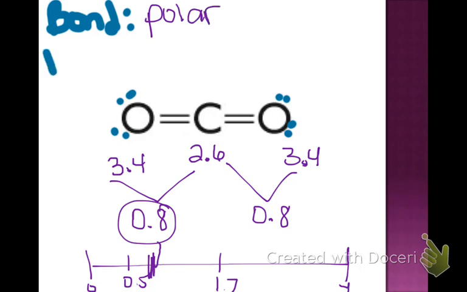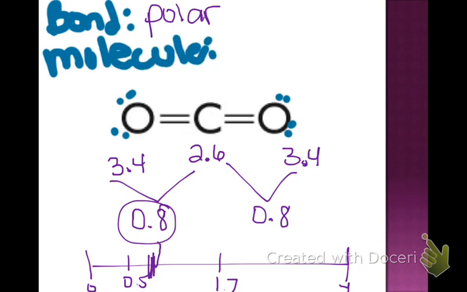All right, now let's look at the molecule. If we want to figure out if the molecule is polar or nonpolar, we have to look at the distribution of charge. Now we do know that there are going to be more electrons towards this oxygen. That makes this carbon partially positive. But look, over on this side, the same thing happens. So when I cut the CO2 in half and try to fold it on itself, it actually ends up having symmetry.